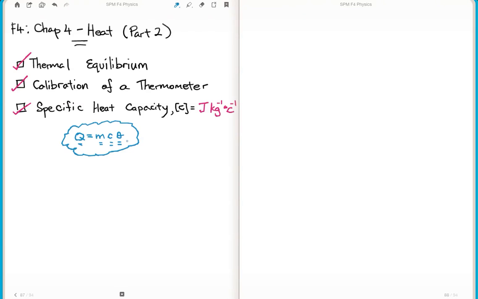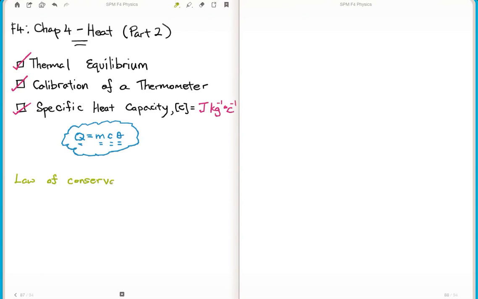Now, this is what leads us to today's video, where I would call it the law of conservation of energy. Conserve means you cannot destroy it.